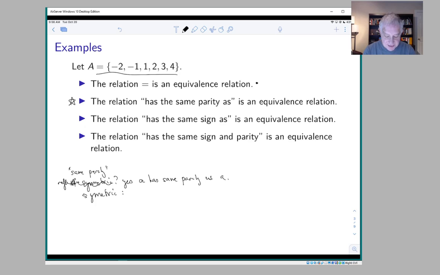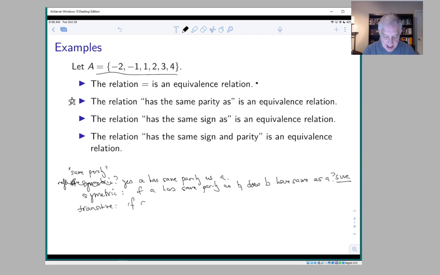Is it symmetric? If a has the same parity as b, does b have the same parity as a? Sure, because the order doesn't matter. And finally, transitivity.